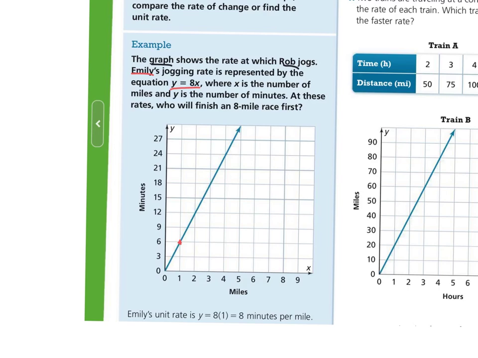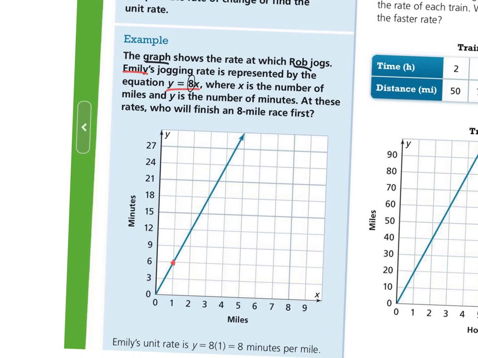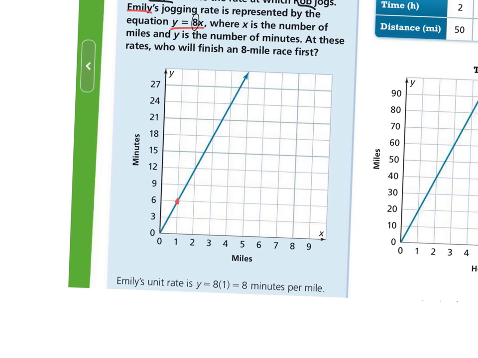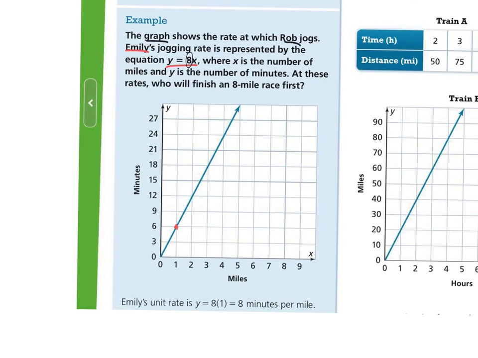Emily, we know that the coefficient in front of x is our slope, which is like the rate of change. So Emily's going 8. She goes 1 mile in 8 minutes. 8 minutes per mile.